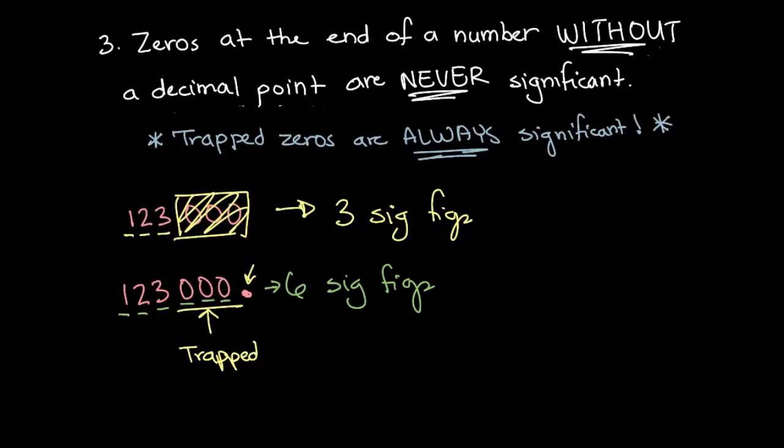So what does that decimal point mean right here? It means that we've measured exactly to 123,000. However, in the upper one, we are not sure we measured to exactly 123,000. We only have an estimate. So that's why we only say we have 3 significant figures on top and 6 on the bottom.